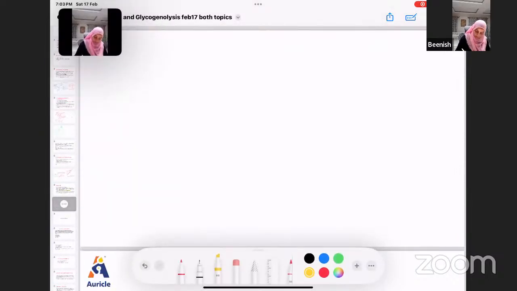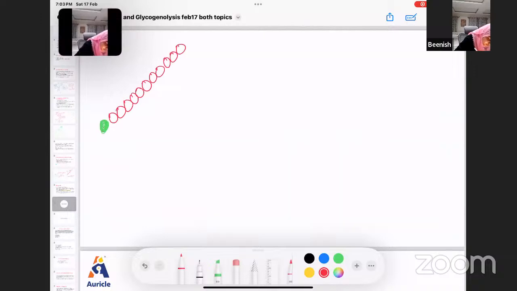This was your primer in green color: 1, 2, 3, 4, 5, 6, 7, 8, 9, 10, 11.